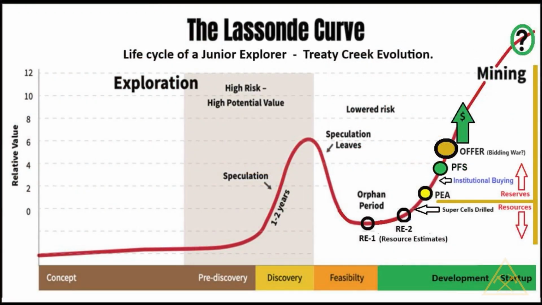But going back to exploration, how this curve works is you're out there exploring, which is the lower brown bar there, pre-discovery. So then you make a discovery, wow, everybody gets excited, so the next couple, 3 years, 5 years, there's a lot of drilling going on. They're building out a resource.